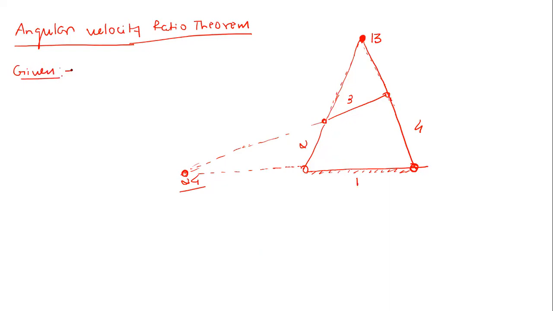So what is given to us? Again, we are going to talk in terms of what is given and what we have to find out, so this becomes easier to understand. The angular velocity omega 2, that means the angular velocity of link 2, is given.